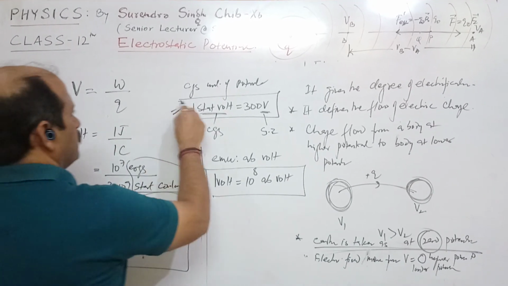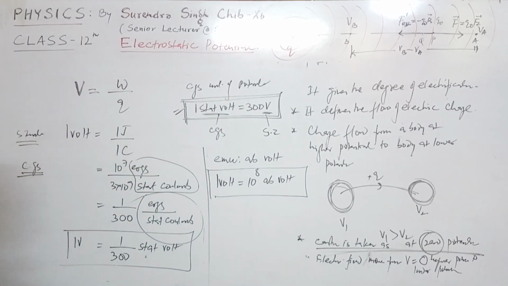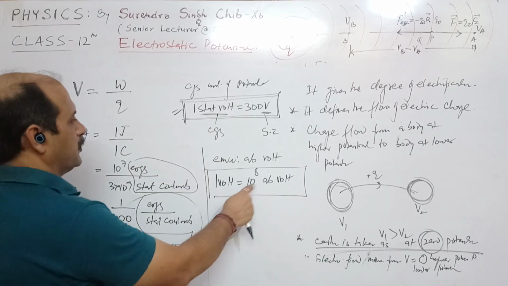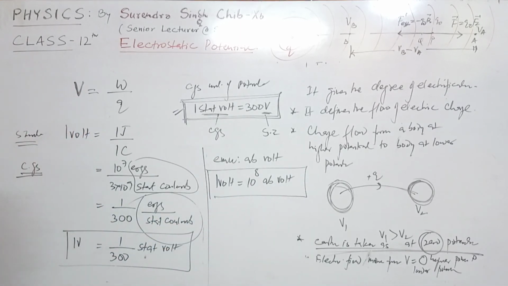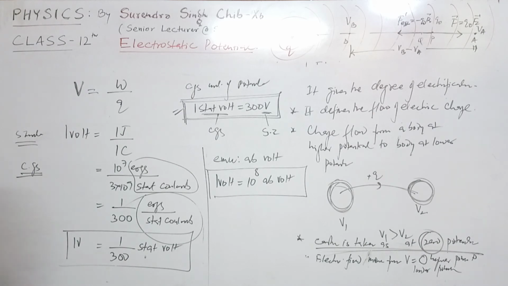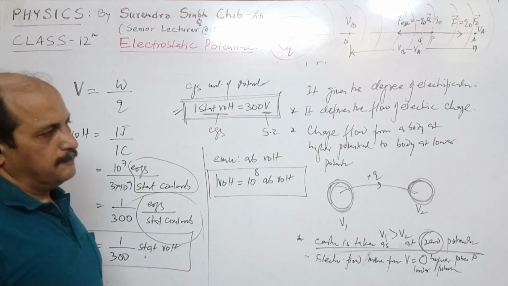This is 1 stat volt, 300 volt, and 1 volt equals to 10 raised to power 8 ab volt. These are the units of potential difference or potential.